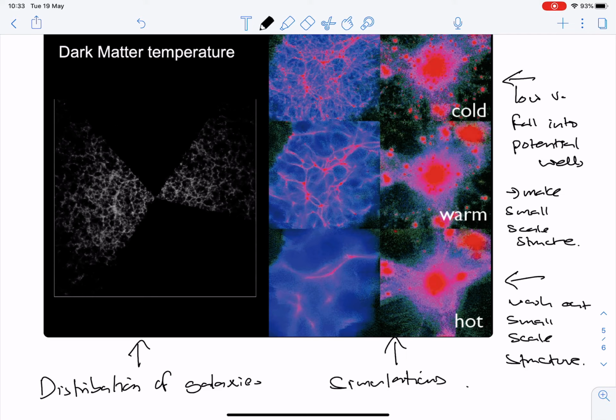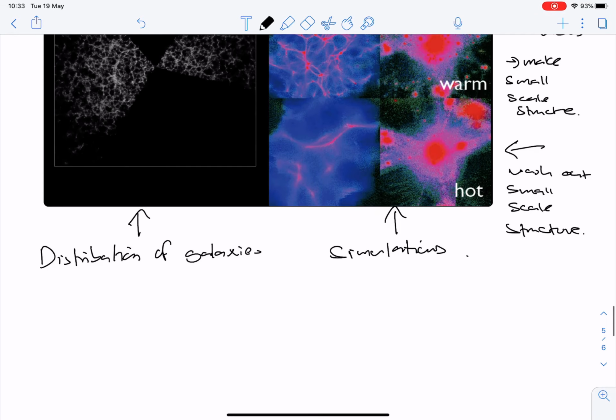And so you can sort of roughly look at this and ask yourself, well, what is the dark matter temperature that we prefer? And the answer is, observations in various lines generally prefer cold dark matter.